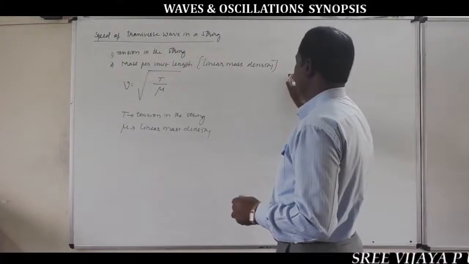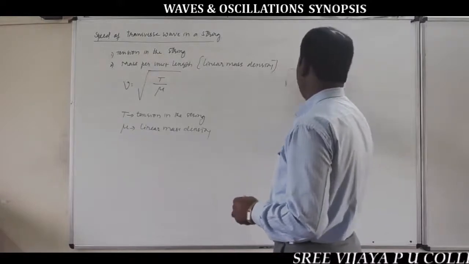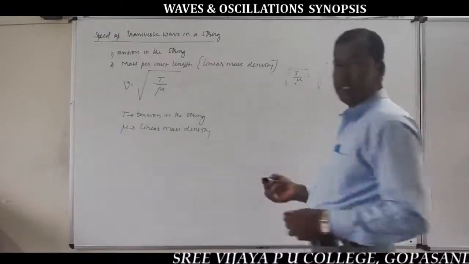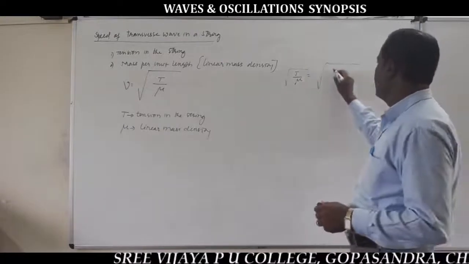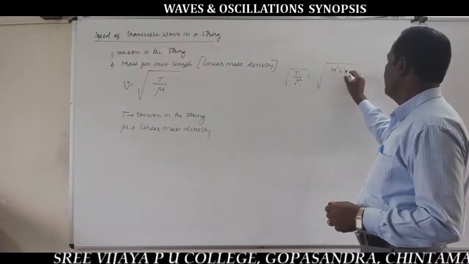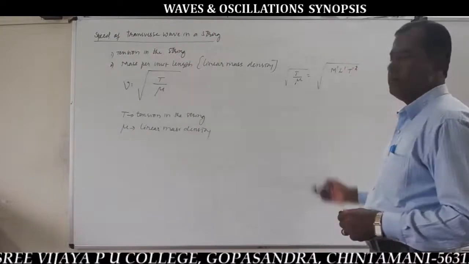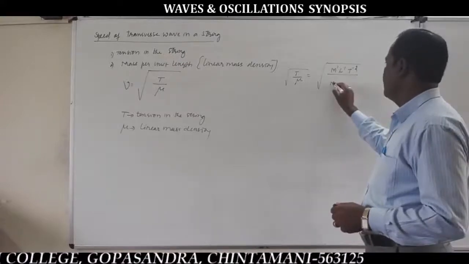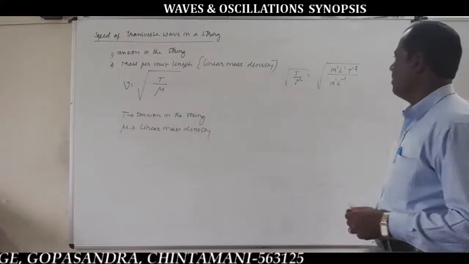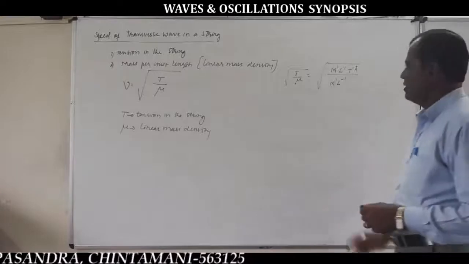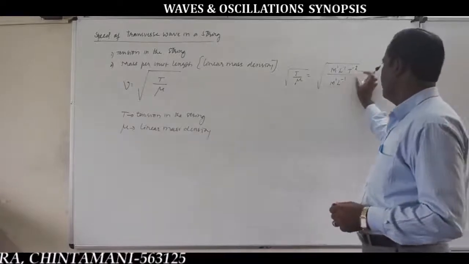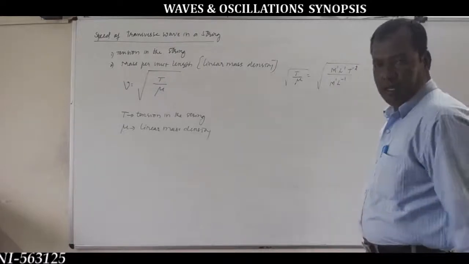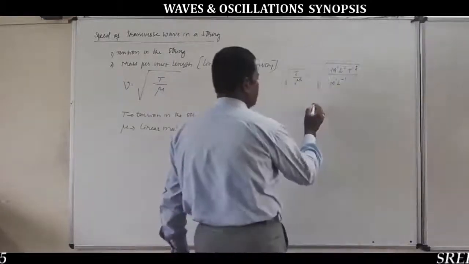V is equal to square root of T by mu. Tension is nothing but force: M power 1, L power 1, T power minus 2. Mass per unit length: M power 1, L power minus 1. So this represents linear mass density. These are the dimension formulas for tension and linear mass density.